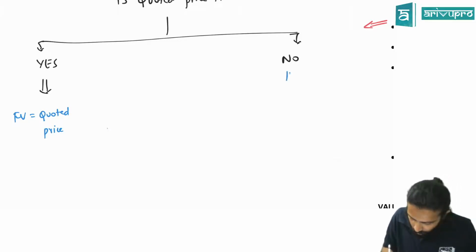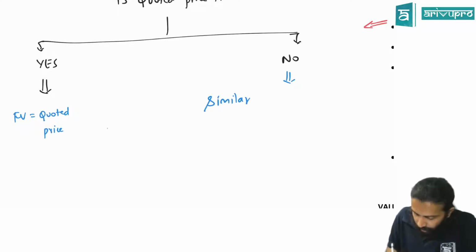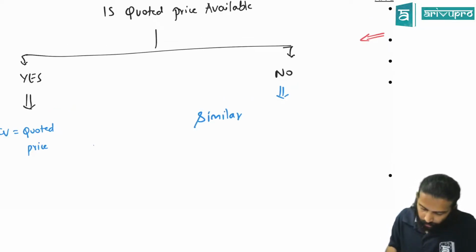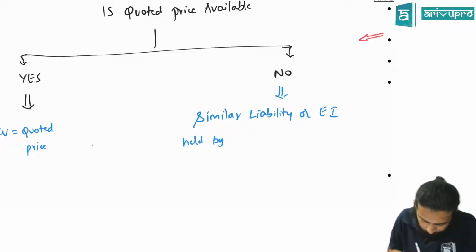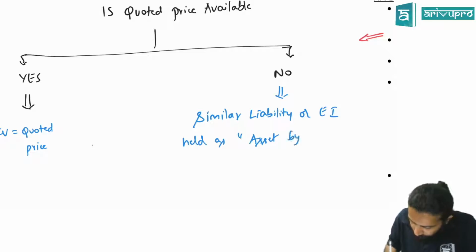If it is no, then you have to check: is similar liability or equity instrument held by another entity, held as asset by another entity, available?